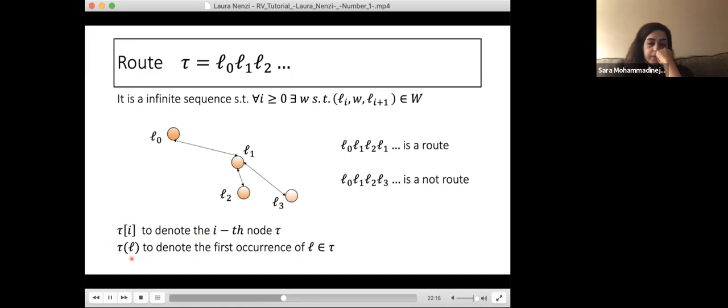So just to understand, tau(L1) in the sequence L0, L1, L2, L1 is equal to 1.